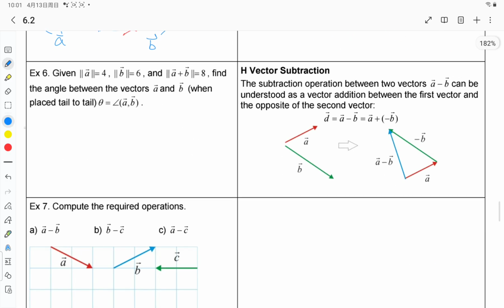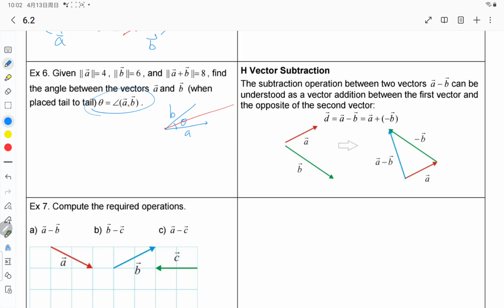Again, it's saying theta is the angle between a and b, so you draw a and b again with theta, and then a plus b is this line in the middle. So you should be comfortable with this process.